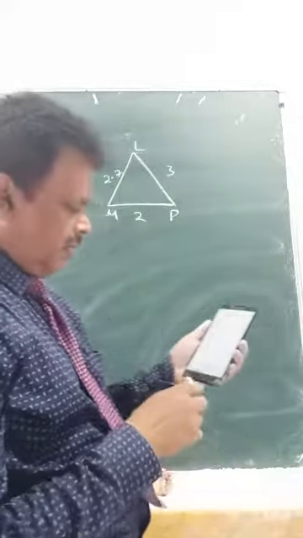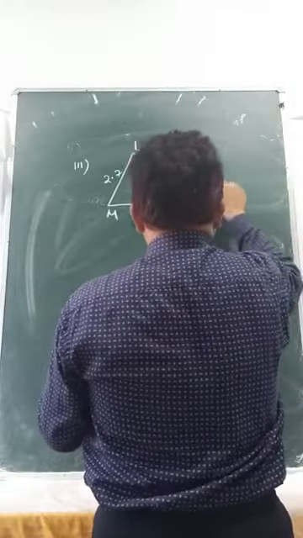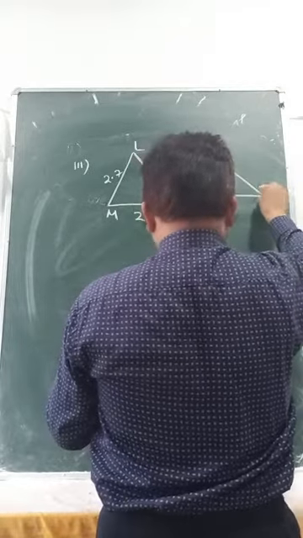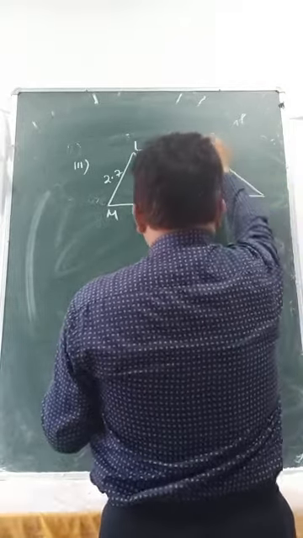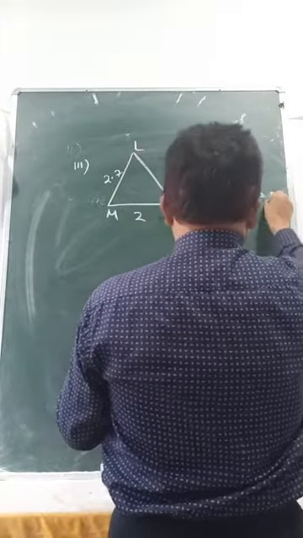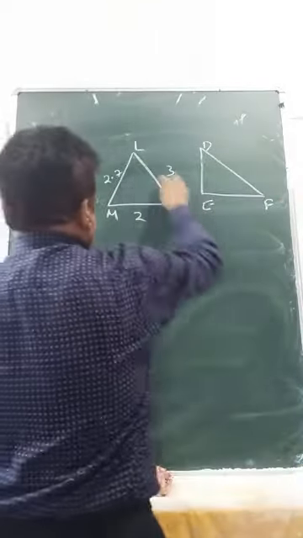Okay, look at the diagonal, it is given DEF. But the sides are given like this.